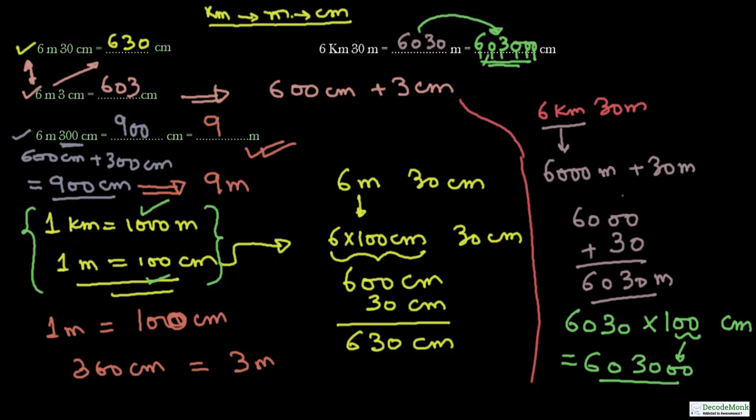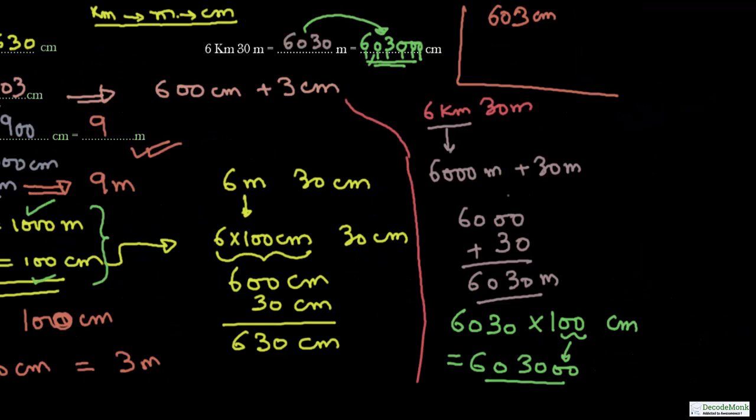So what I mean to say over here, you should be able to go from meter to centimeter or centimeter to meter. For example, if you are asked to convert this particular 603 centimeter to meter and centimeter combination, so how will you do that?